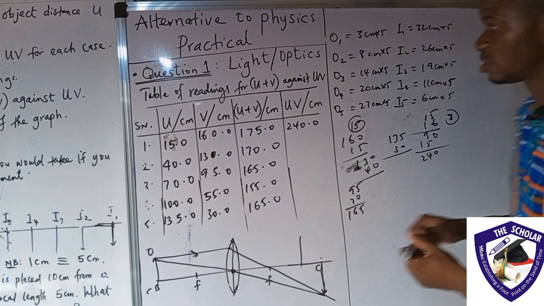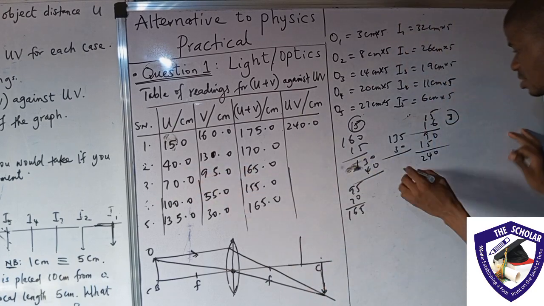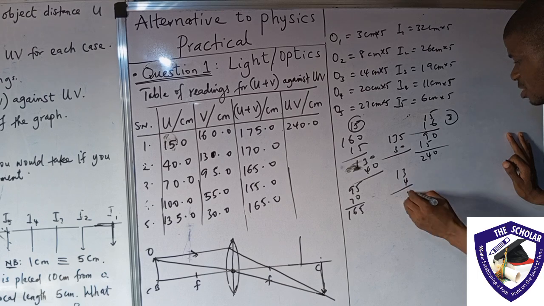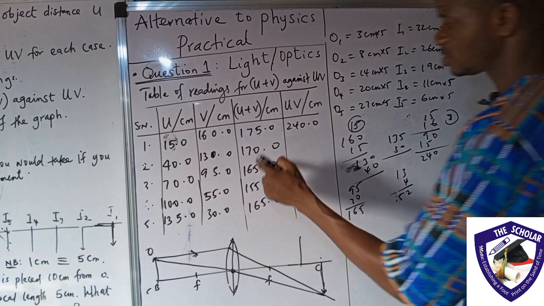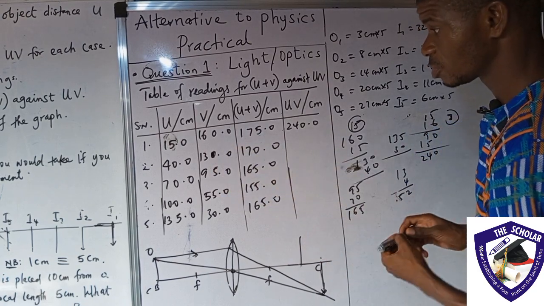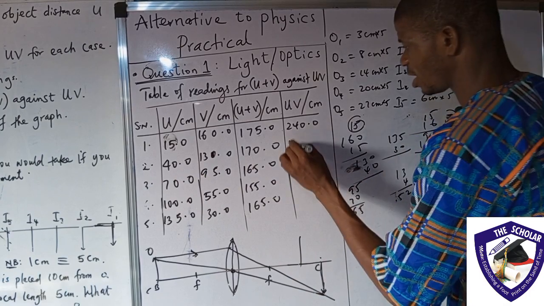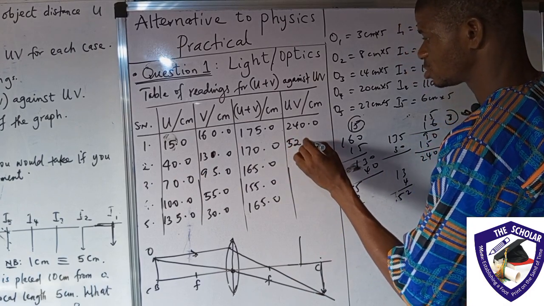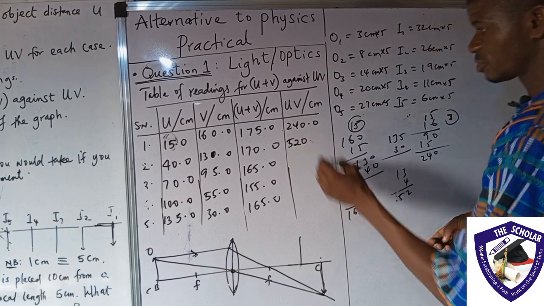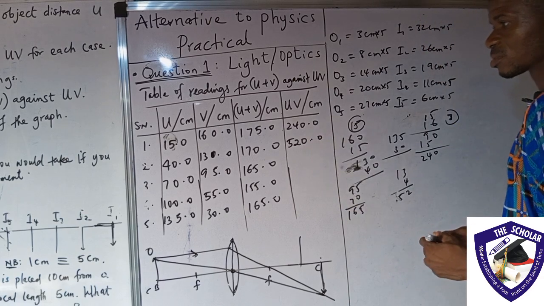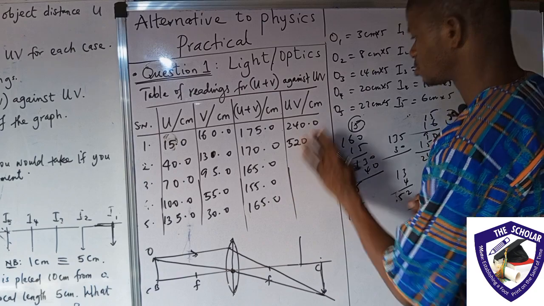The second one, 130 times 40. 3 times 4, 12. 4 times 1, 4. Plus 1, 5. How many zeros? 2 zeros. Okay, 130 times 40. So that gives us 520.